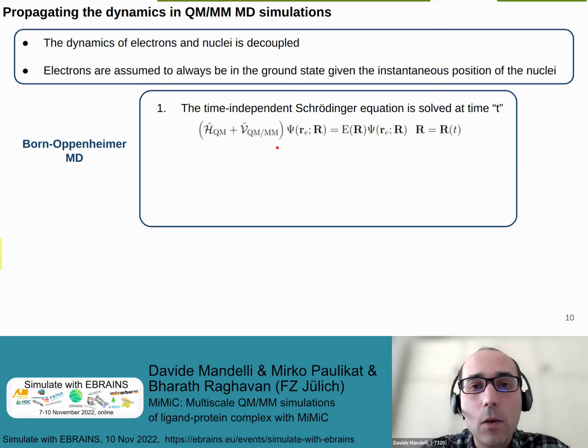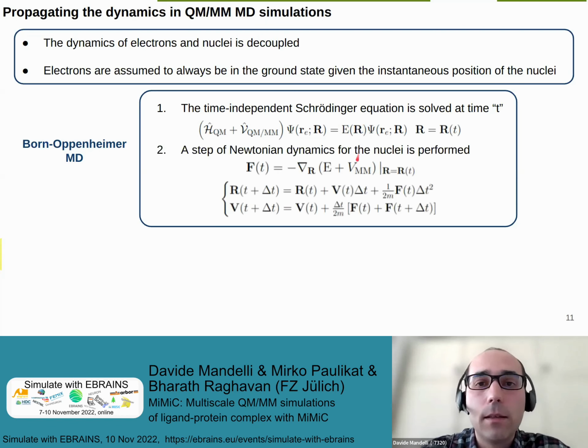The result of this equation is the ground state wave function describing the electrons, and the function here, E of R, which is the ground state energy of the system, that is a function of ionic positions. Given the ground state energy and the interaction potential in the classical system, one can compute the forces acting on all the ions by taking the negative gradient of this quantity.